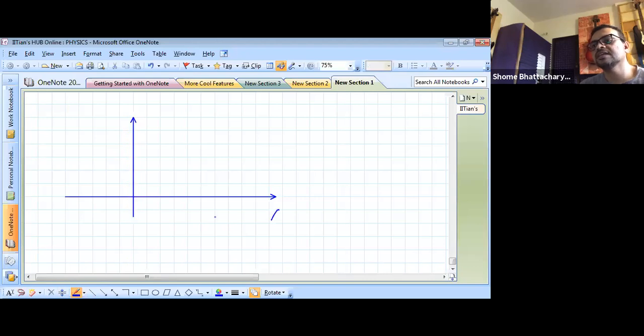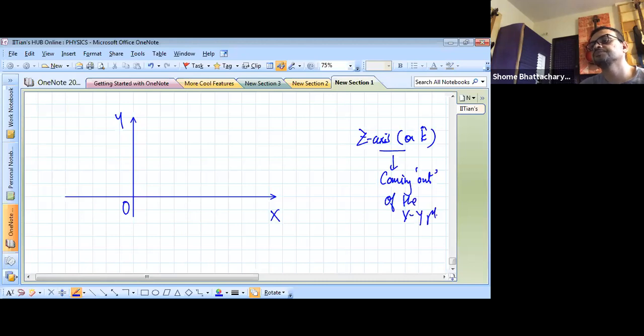So you know that in this diagram, the Z axis is coming out of the plane. So Z axis, or k cap, is coming out of the XY plane. The minus k cap is going in.